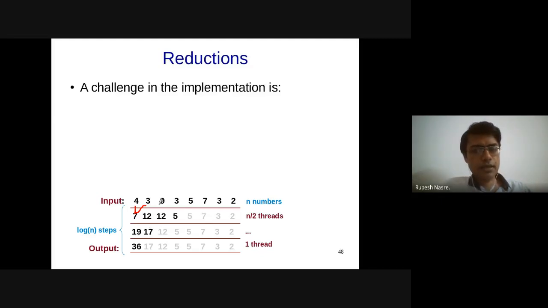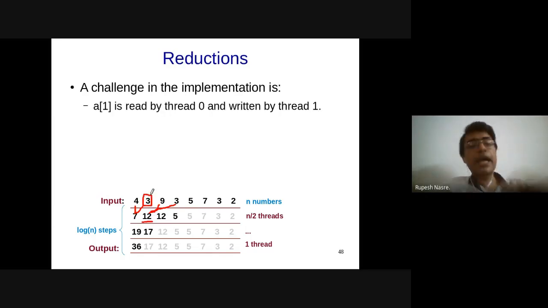It is taking a of 2, a of 3, and writing at a of 1. As soon as you do this, that means that thread 1 is writing to memory location a of 1. In contrast, thread 0 is reading at memory location a of 1 at the same time, right?